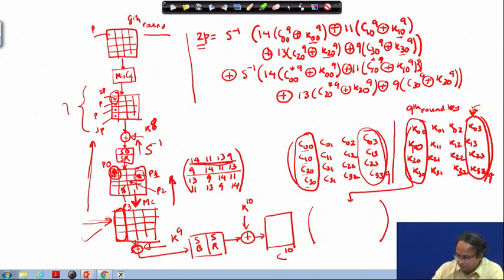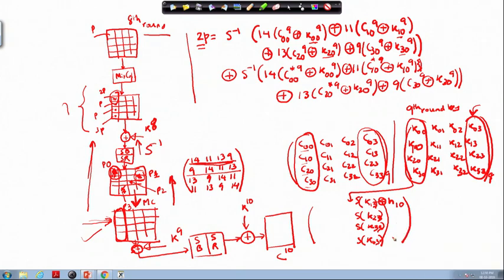So K13 comes at the top, then we have K23, then K33, and then K03 comes in, and then we apply an S-box operation on them. This is often called SubWord, and then there is a round constant. The 10th round constant is denoted as H10, and you get this particular operation.